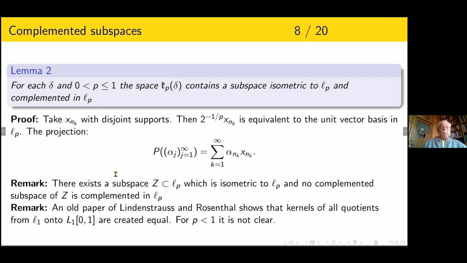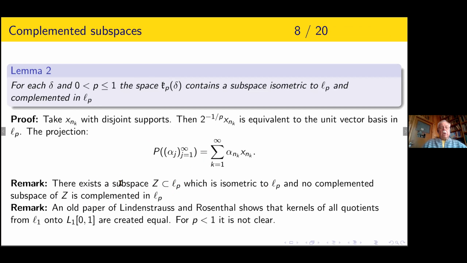Okay, now here is a comment. There exists a subspace Z in little ℓ_p, if p is less than 1, which is isometric to ℓ_p, but no subspace of it is complemented in ℓ_p.